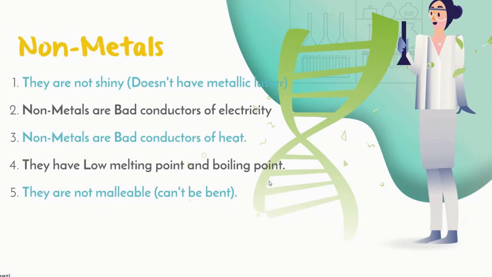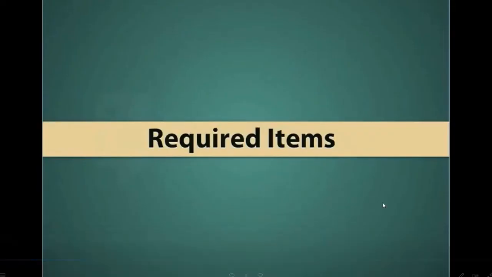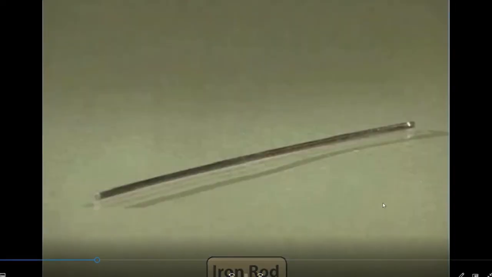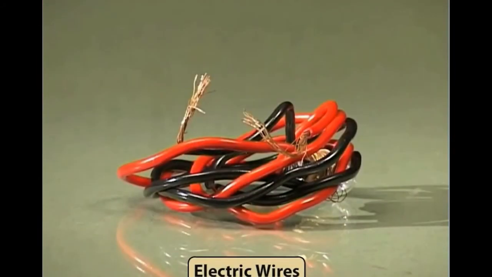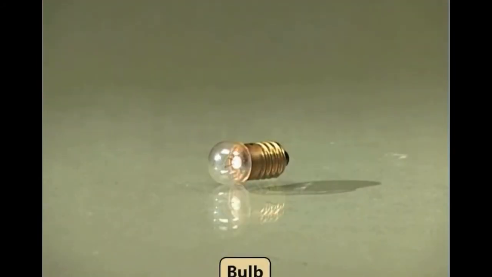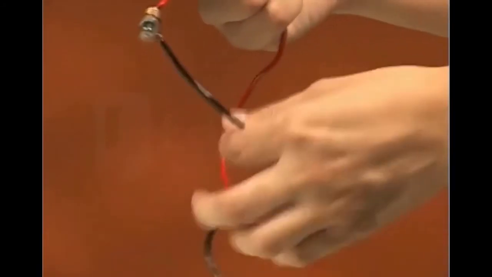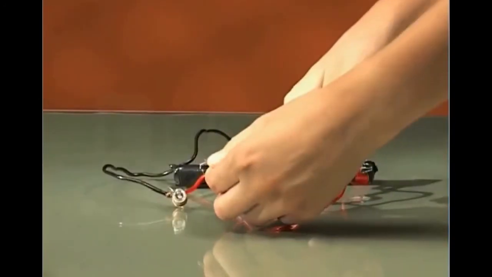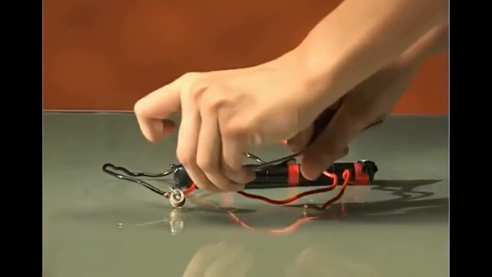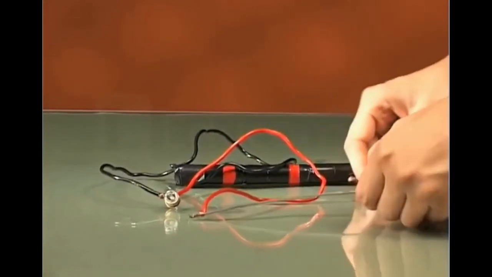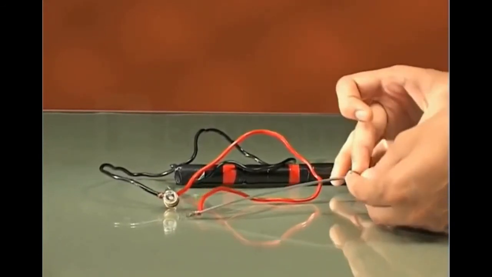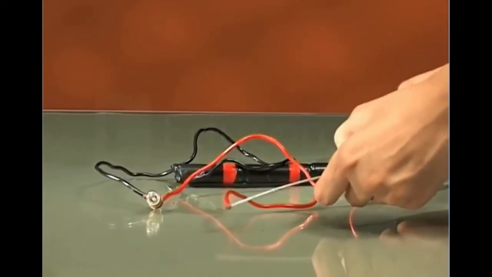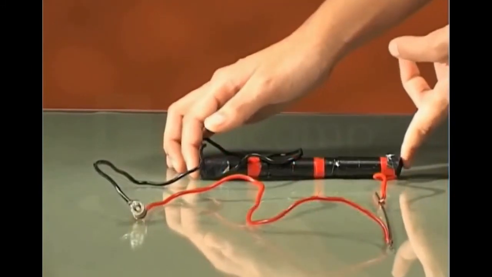Let's see an activity on the conducting of electricity for metals and nonmetals. The required items are an iron rod, coal, electric wires, and a bulb. He connects the bulb with the electric wires and a battery, leaving one section in the wire so he can put the element, such as the iron rod, and see if electricity will work.